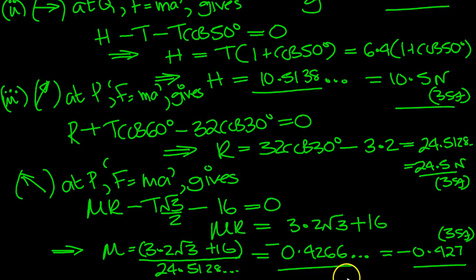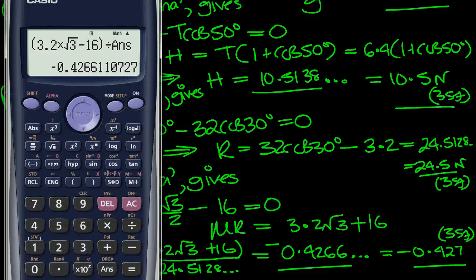So I need to change that in my calculator. So let's go back and change that to a plus 16. Luckily I've still got it here. 3.2 times root 3 plus 16 divided by the answer. That doesn't look right because I pressed answer before. So what I need to do now is just delete this and put divided by the 24.5128.